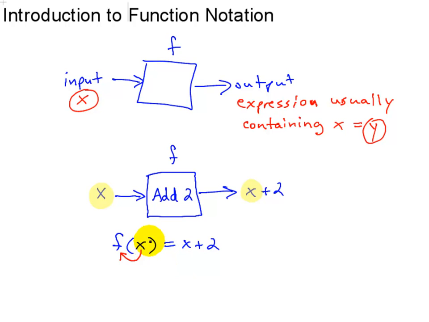Okay? So if x is the input to f, then x plus 2 is the output. This is usually the definition of the function f. So typically when you see f of x equals, that is the definition of how the machine works. It tells you what f does to any input x.